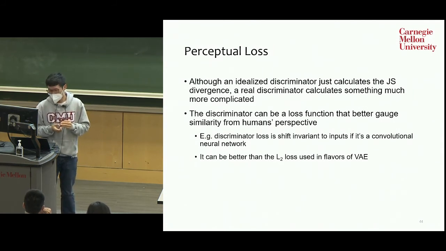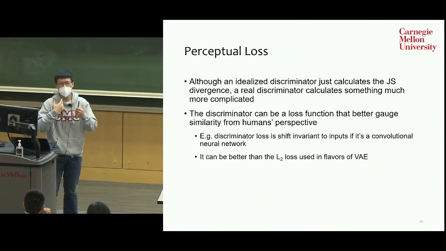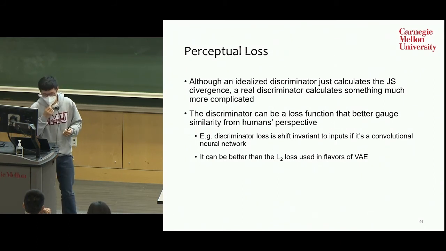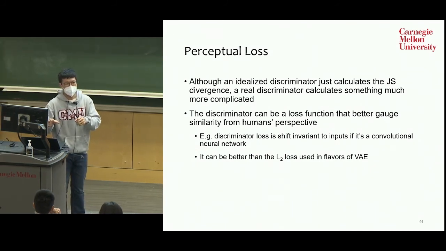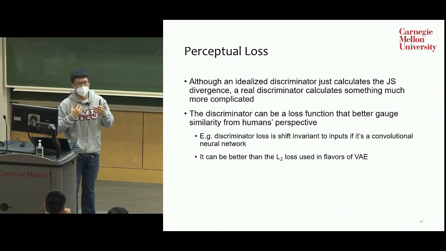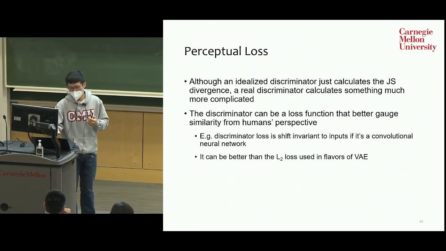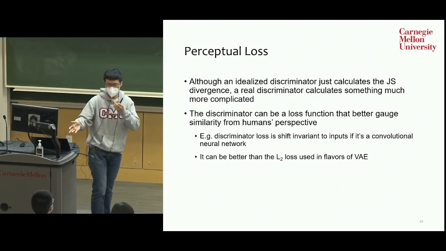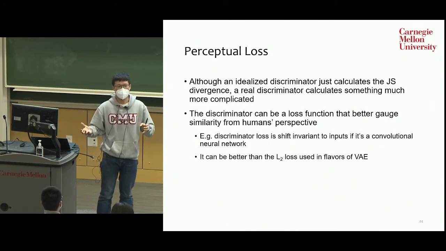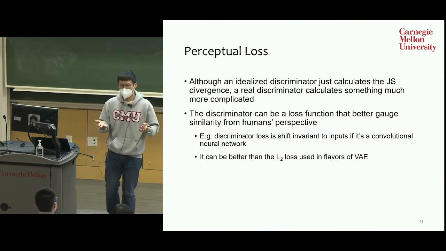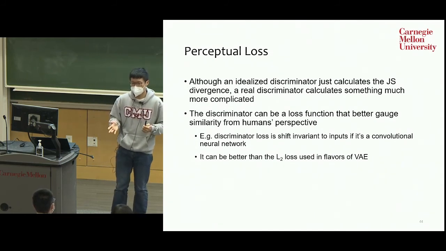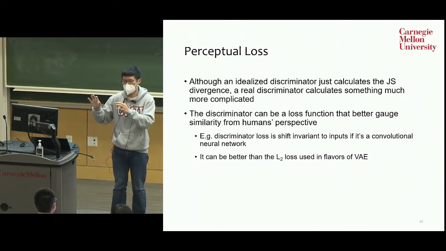Of course, the discriminator may not learn the exact loss function that we use to judge an image, but it will be a bit more complex and closer to how we judge the image. Like I mentioned, VAE uses L2 loss, and that's a pixel-wise loss. While it is easy to optimize and train, it may not represent how we think two images are similar.